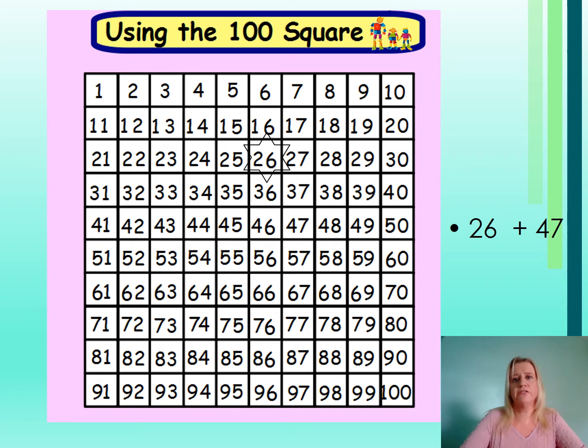Another way to see addition visually is to use the 100 square. We can find 26 on the 100 square, then we can count on in ones, 2, 3, 4, 4 sets of 10, and then 1, 2, 3, 4 ones, and another 1, 2, 3 ones.